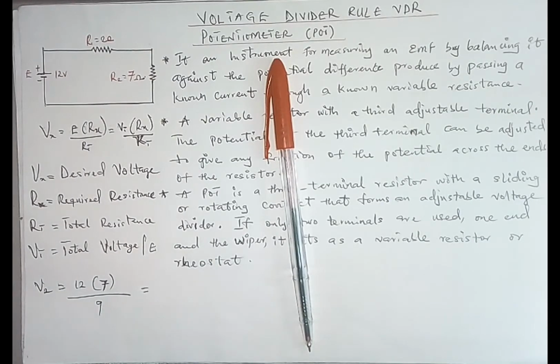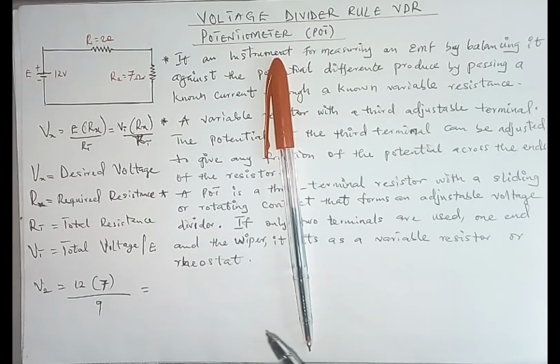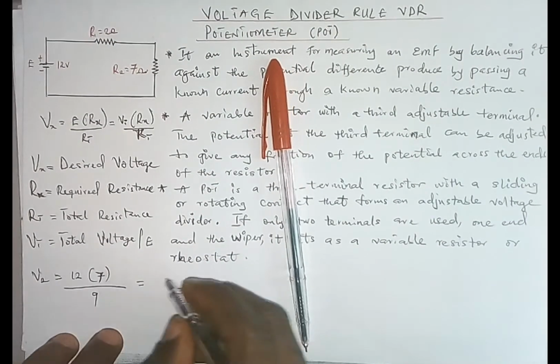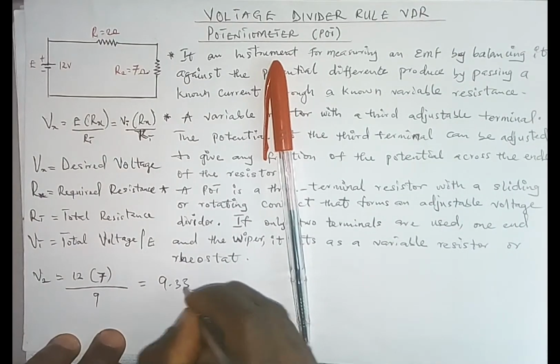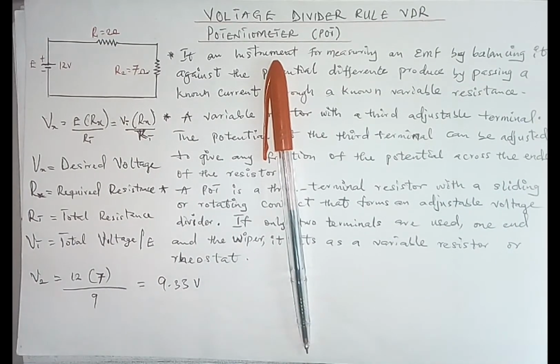By the time we punch our calculator, we get 9.33 volts. And of course, by subtracting, we can easily get the value for the second one, which is R1.